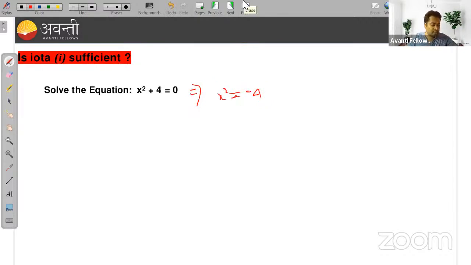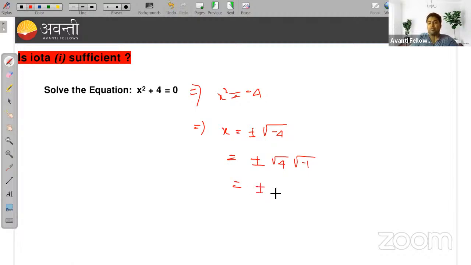We know the square root of negative 1 is iota, but here I'm getting x is equal to plus or minus the square root of minus 4. So can I write this as plus or minus the square root of 4 into the square root of minus 1? Yes. Can I write this? Yes.